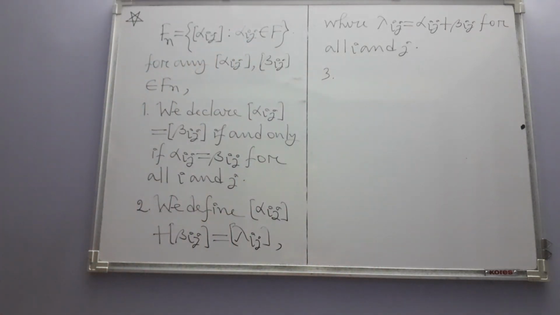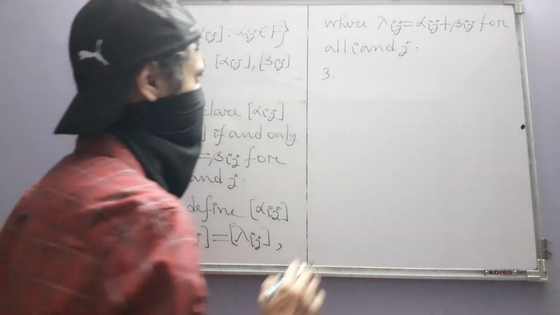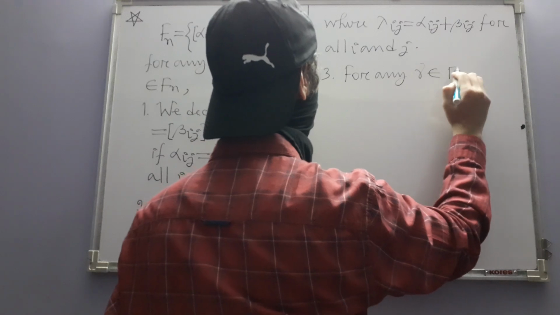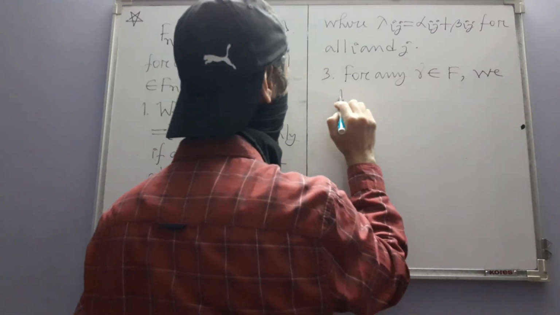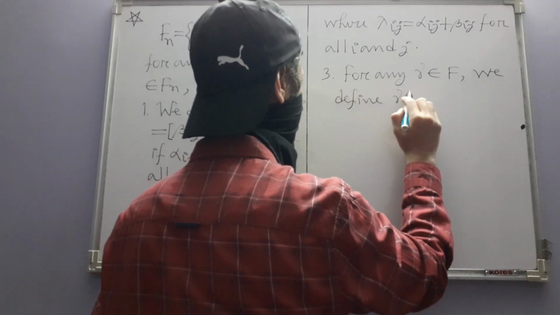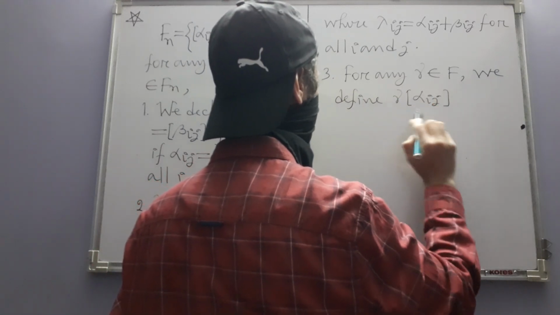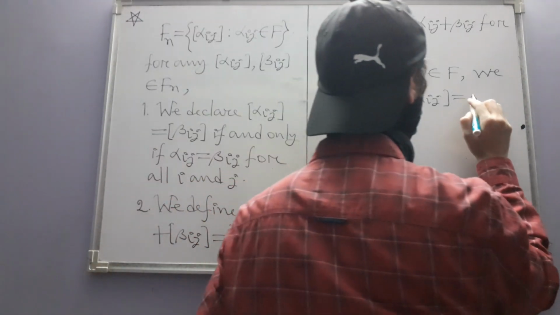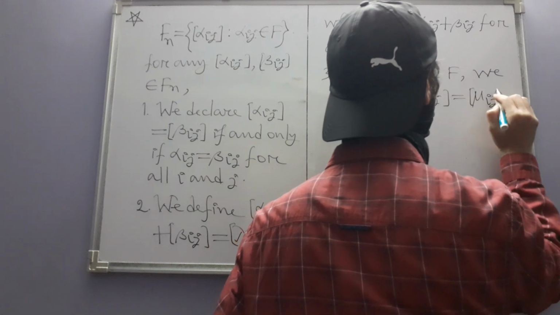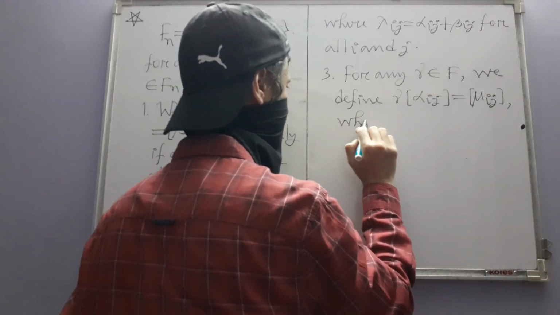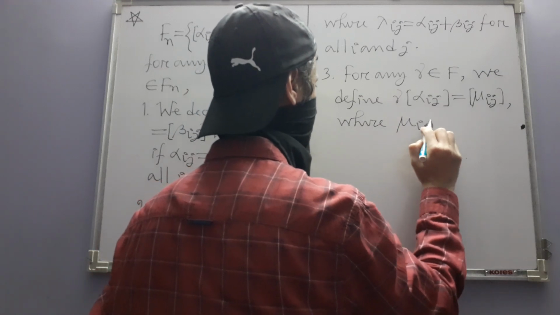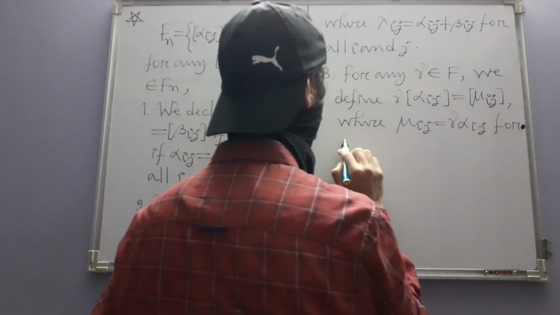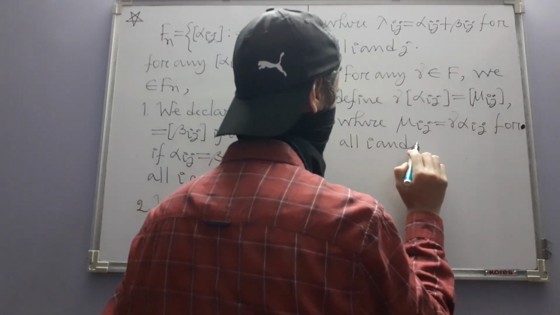Then number 3, multiplication of a matrix by a scalar. For any gamma belonging to F, we define gamma times alpha ij is equal to mu, where mu ij is gamma times alpha ij for all i and j.